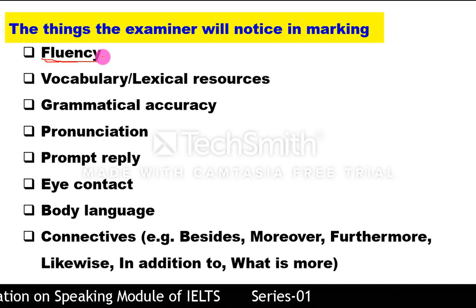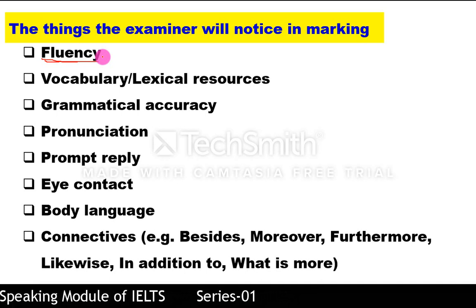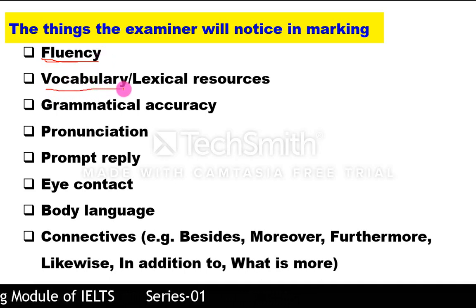Don't speak too fast or too slow. Vocabulary. You have to use a wide range of vocabulary. Don't use the same word repeatedly. Then your sentences should be correct. Grammatically, the sentences you will use in your speaking should be correct.